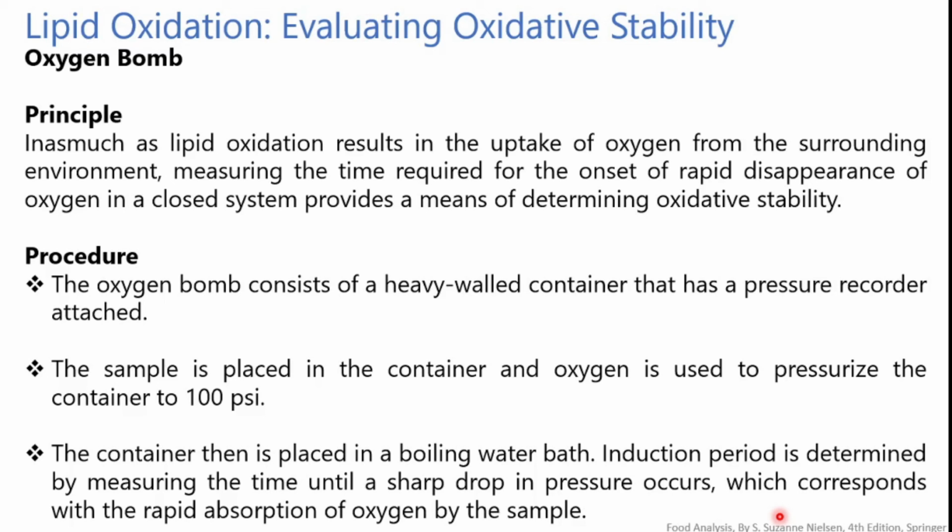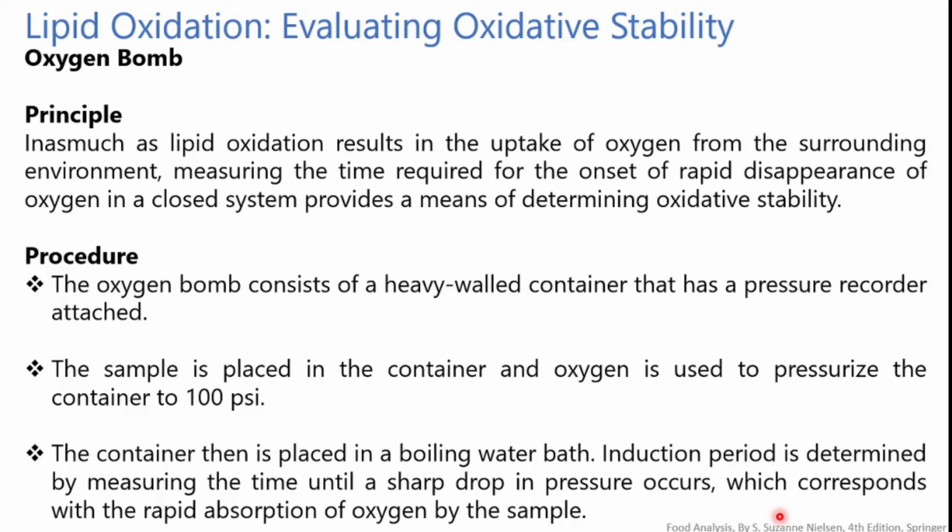The procedure: first of all, the oxygen bomb is used, which consists of a heavy walled container with a pressure recorder attached. The sample is placed into the container and oxygen is used to pressurize the container to 100 psi, that is pounds per square inch.